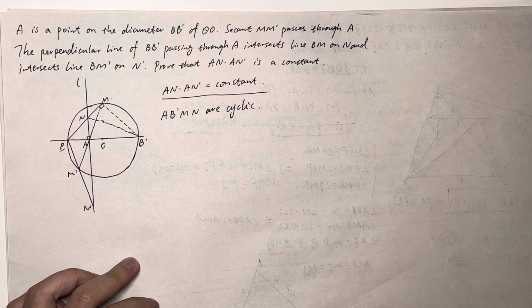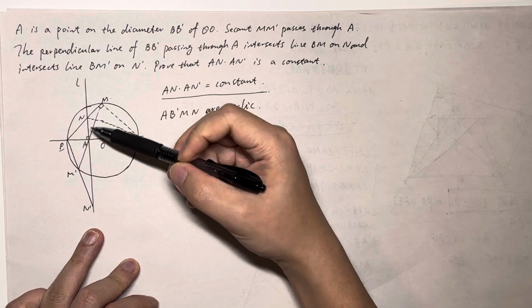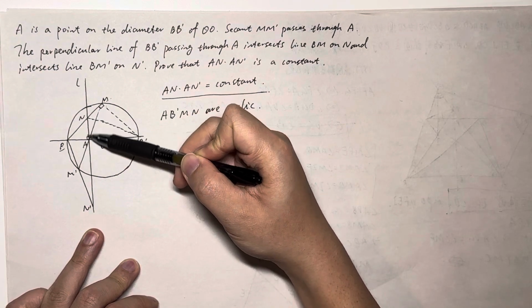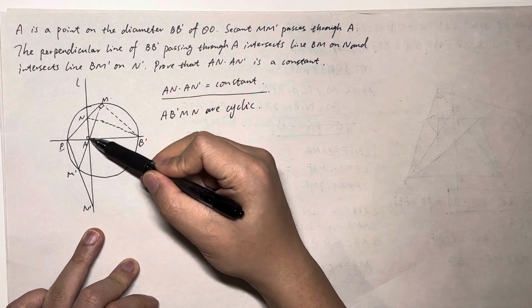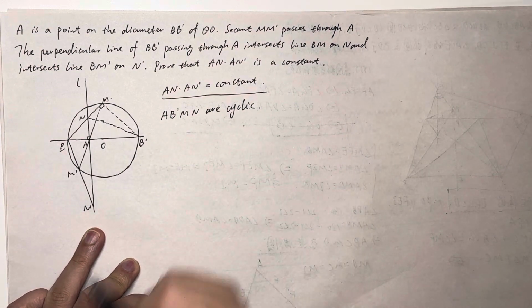Now let's look at what we are looking for: AN times AN prime.